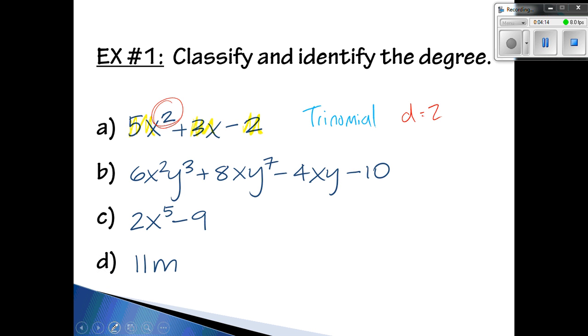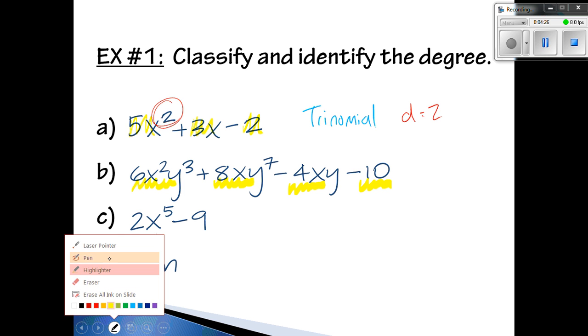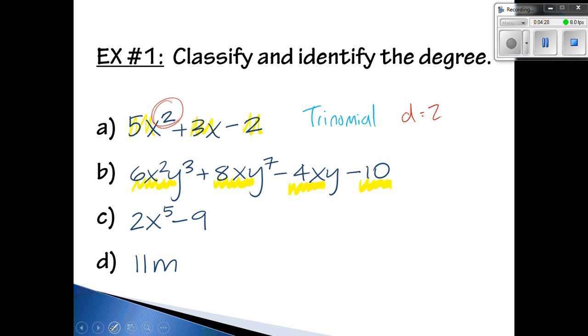Let's look at the next one. Okay, so we're looking at terms. I've got 1, 2, 3, 4. So I've got 4 terms. What is that called? It's called a polynomial.